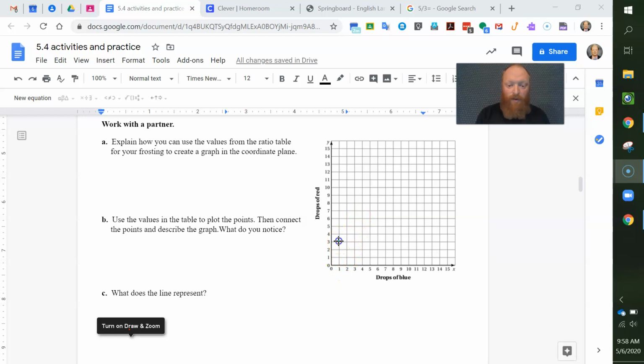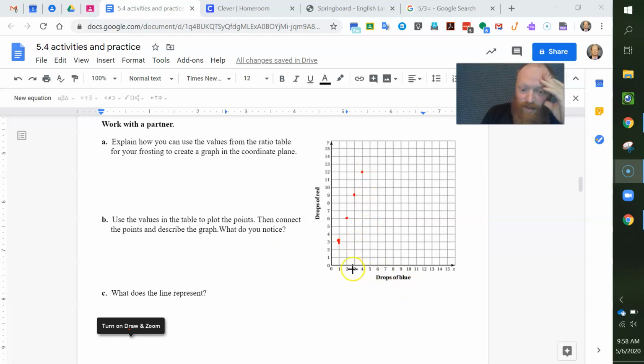So for you, for the first table, we'd put a dot right there. Okay? And then we had 2 and 6. And then we had 3 and 9.